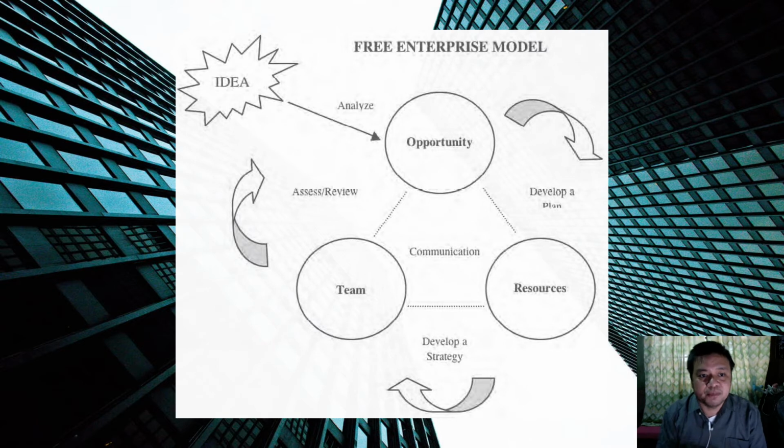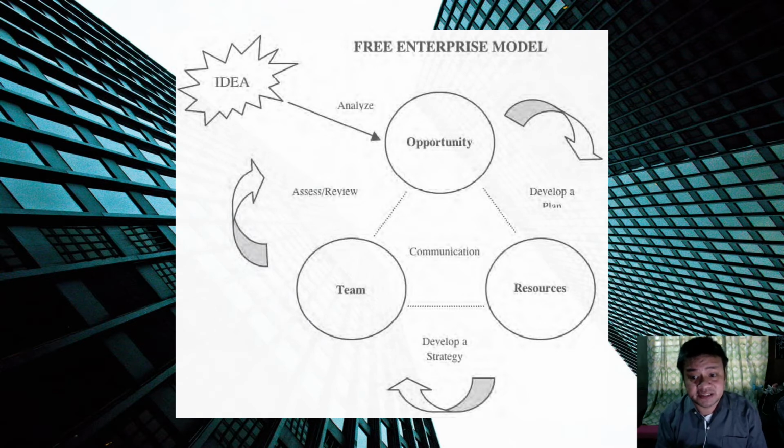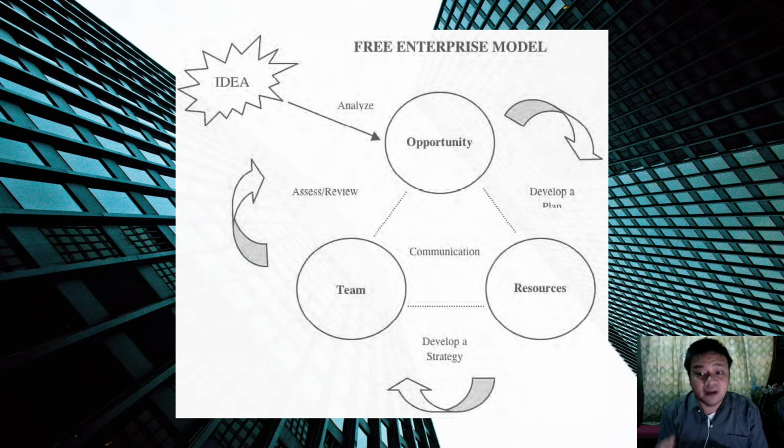Now, the free enterprise model can be represented visually using this diagram. As you can see, this is a visual representation of the process. It starts again with an idea and then you analyze that idea to find an opportunity. Assess what resources you have to develop a plan and then form a team to develop a strategy. And then the team assesses and reviews the opportunity again.